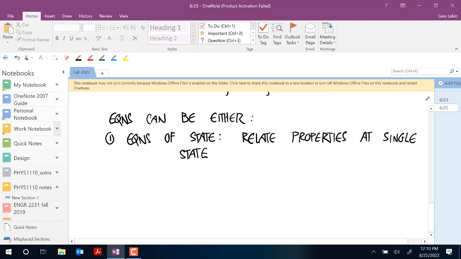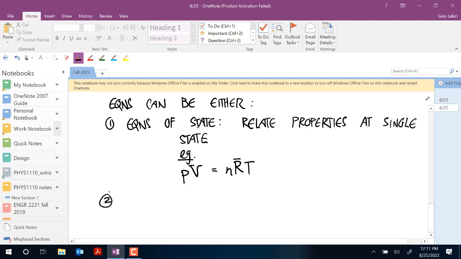The example that we'll use the most is the ideal gas law, and we'll write that in its extensive form as P times capital V is equal to N times R bar times temperature. Okay, the ideal gas law doesn't have anything to do with time elapsing. It just has to do with what's happening at a single instant.